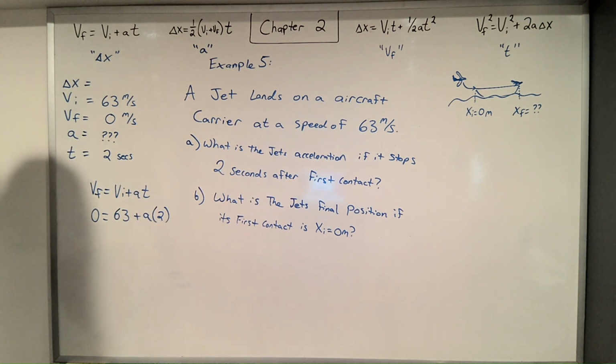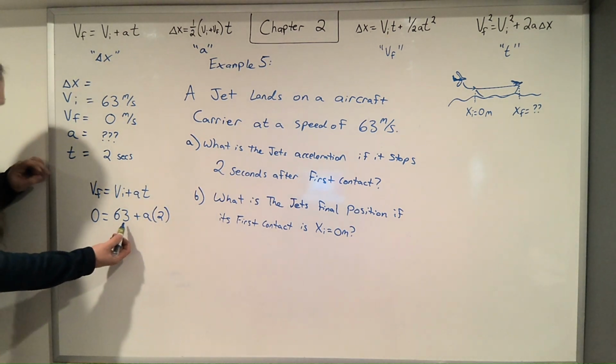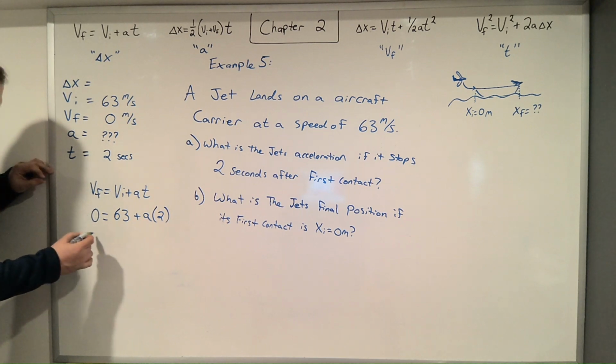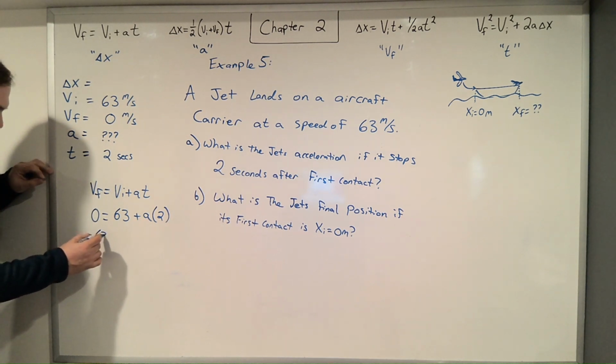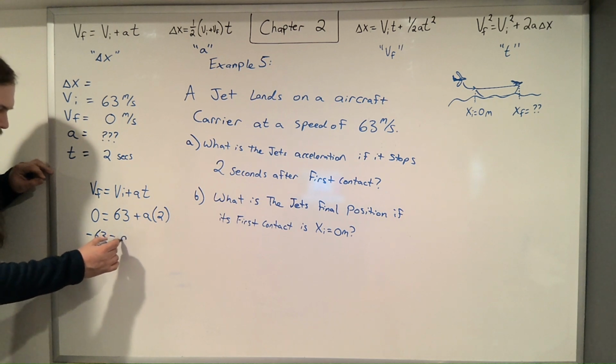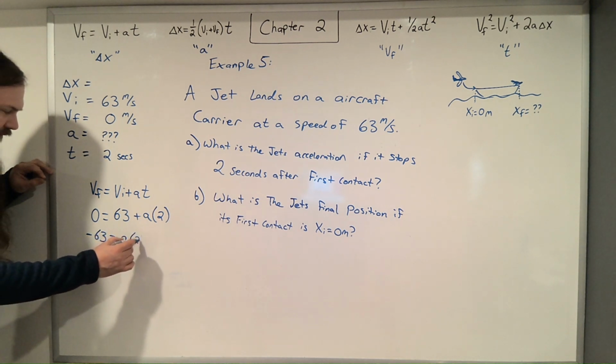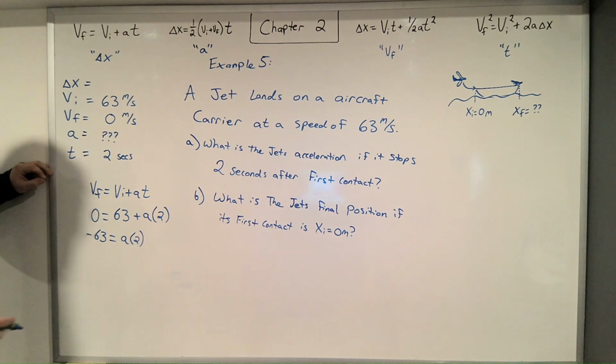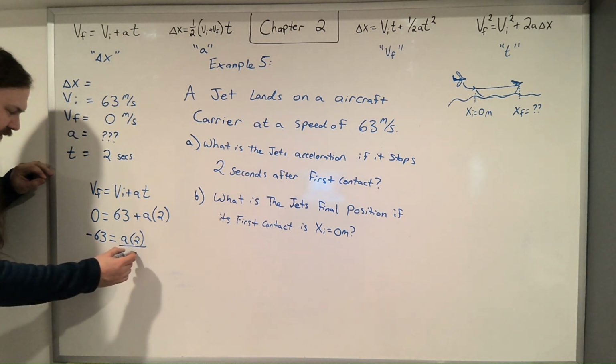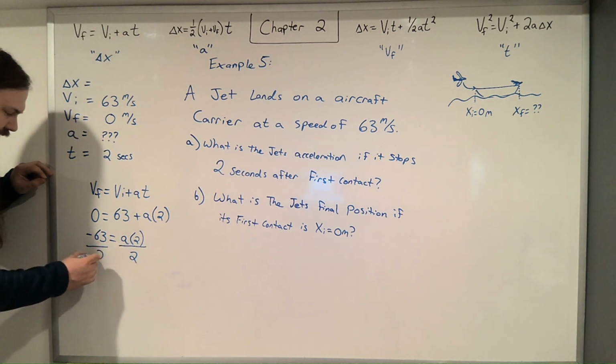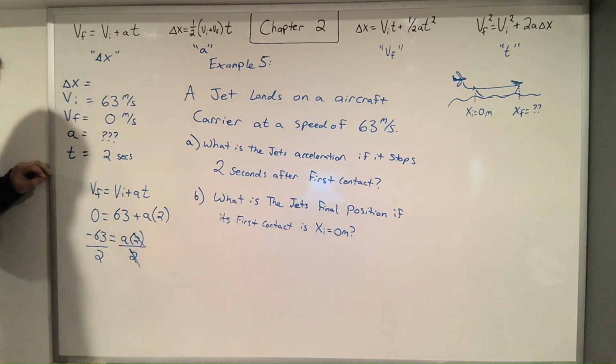Now, how am I going to get a by itself? Well, first off, let me subtract that 63 to the other side. So I'm going to have 0 minus 63, so negative 63 is equal to a times 2. How do I get rid of the a times 2? I'm going to divide by 2 on both sides. This will get rid of the 2.